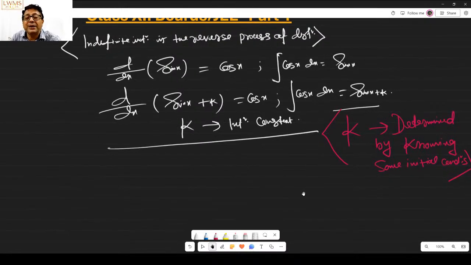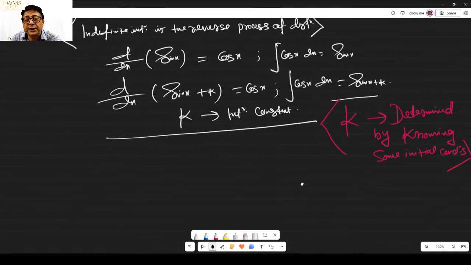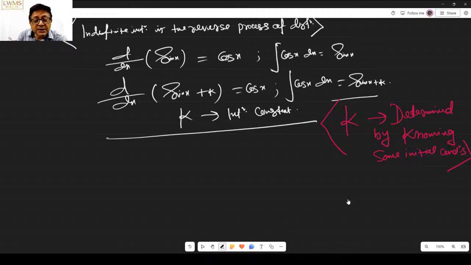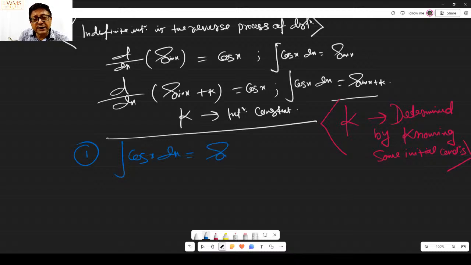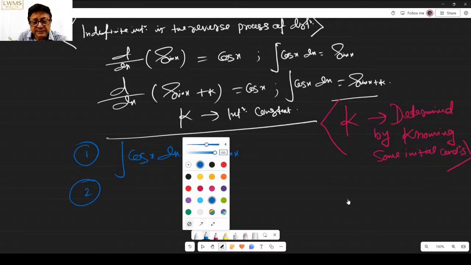So in this manner we can write integration of all elementary functions. I am just listing those formulas. We start with this only, that integration of cos x dx equal to sin x.